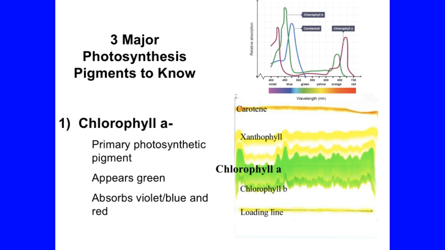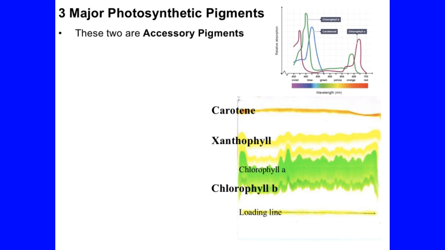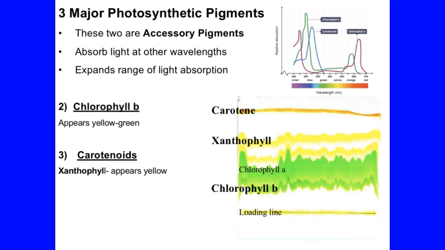The other photosynthetic pigments for you to know are labeled right here and bolded in this section. Some of the accessory pigments you want to know are carotenoids and xanthophylls. Carotenoids, you know what color they reflect because it sounds just like carrots: an orangish yellow color.